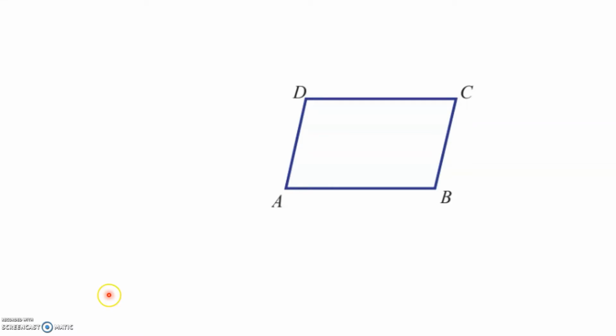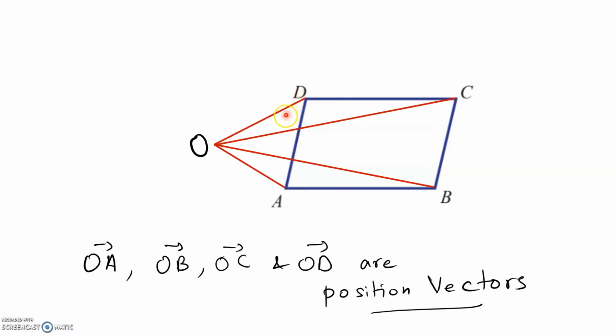In this proof, what we're going to deal with is a quadrilateral with sides A, B, C, and D. Since we're using the vector method, we're going to refer to each of these points with reference to position vectors. What do I mean by that?